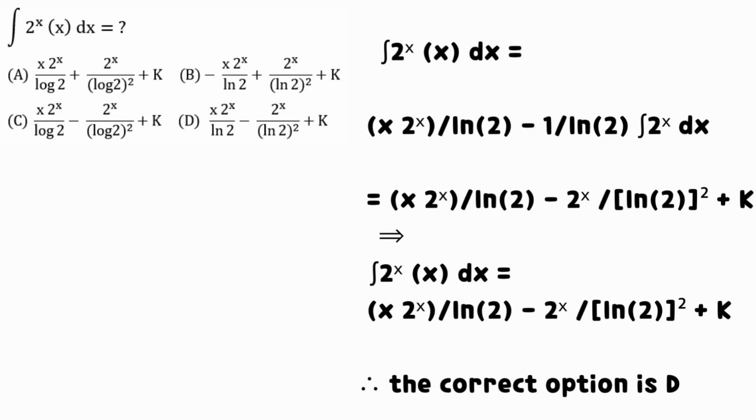K is the constant term. After simplification. Therefore, the correct option is D.